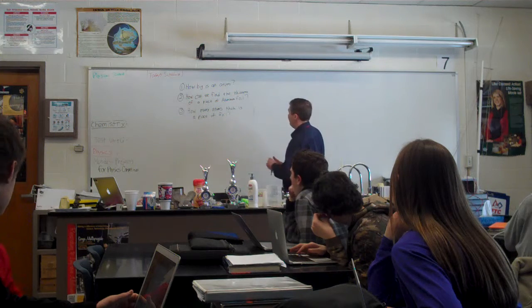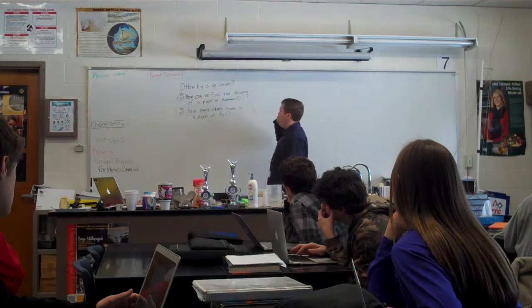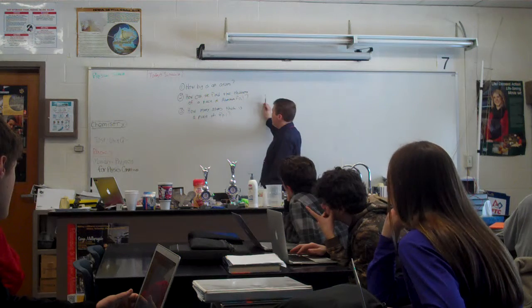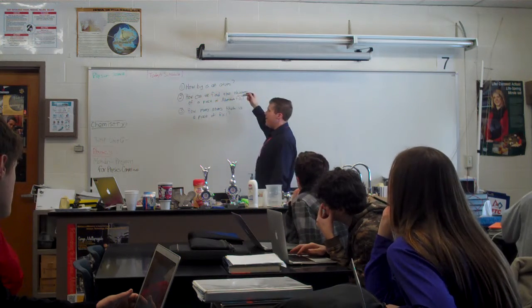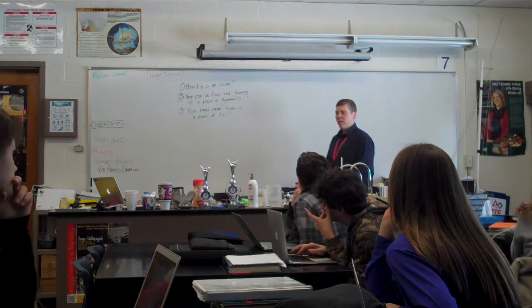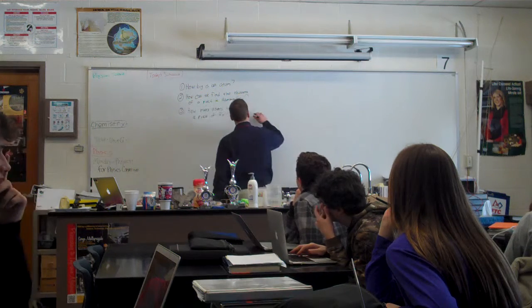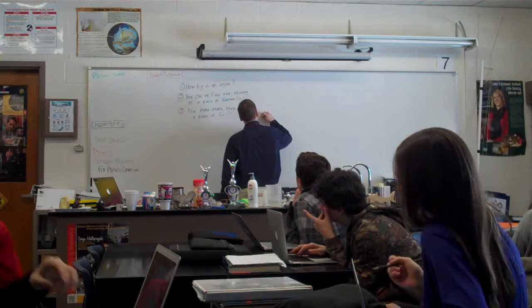We're going to try to figure that out. But ultimately, in this lab, you're going to figure out how we can also find the thickness of a piece of aluminum foil. A piece of information I'd like to give you to start with is the density of aluminum.